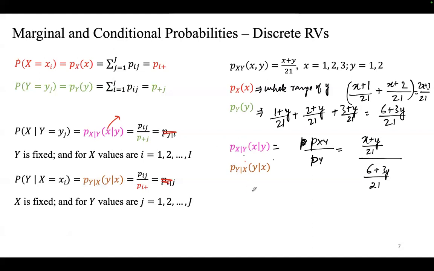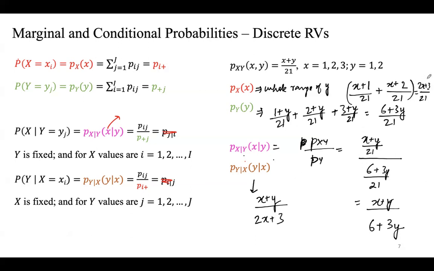Right? Now, likewise, can you tell me what this one would be? What would be the numerator here? And then you can obviously simplify this. So 21 gets cancelled. It's going to be x plus y by 6 plus 3y, right? Numerator will be same and denominator will be the marginal probability of py.